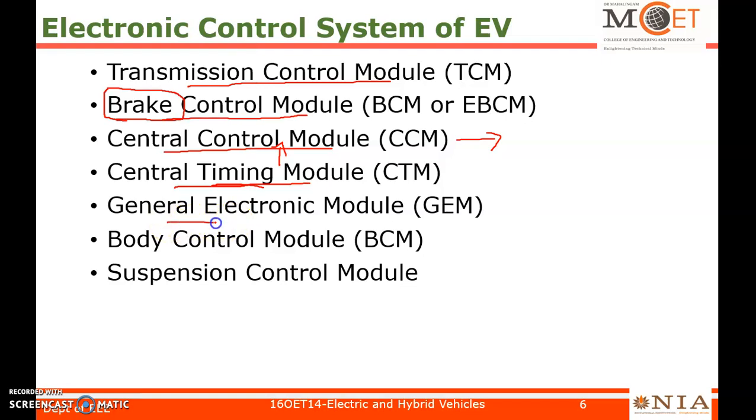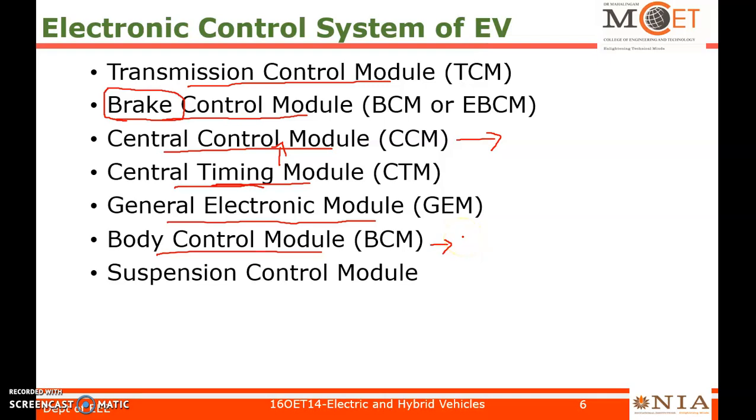Next is the general electronic module. It controls all the electronic components and electronic systems and subsystems of the electric vehicle. Next is the body control module. This body control module controls the body of the electric vehicle, mainly in the auxiliary system, where the driver operates the power steering unit.